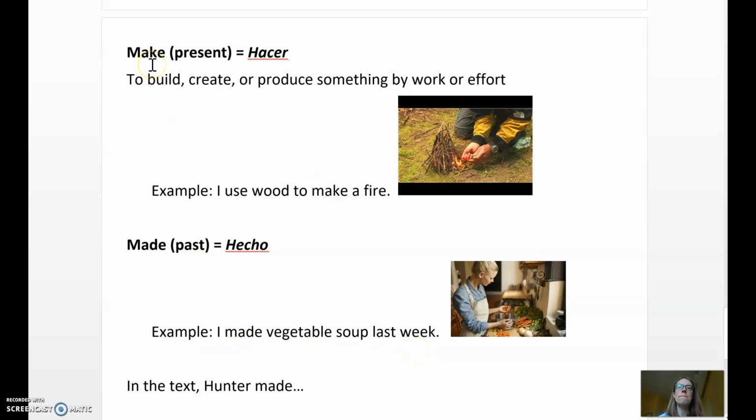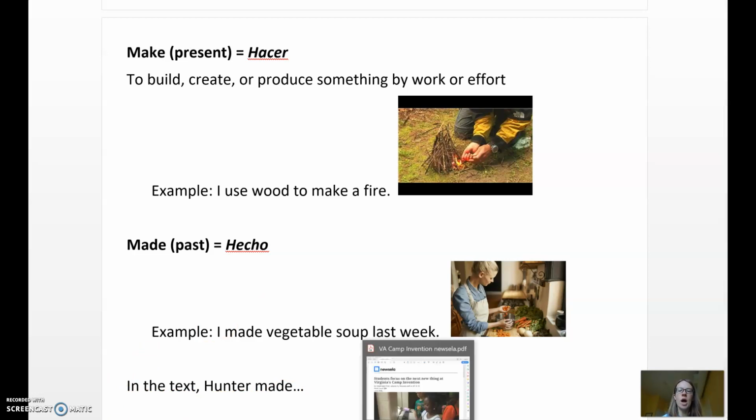Use the word make in a sentence. Say it out loud. Now use the word made, something you did in the past. Okay. In the text, Hunter made.